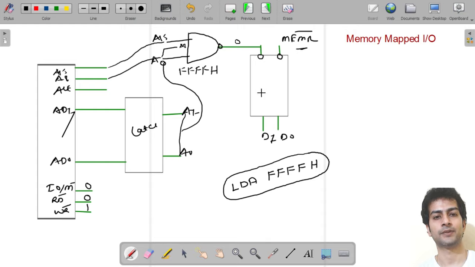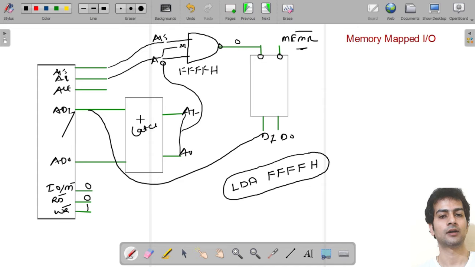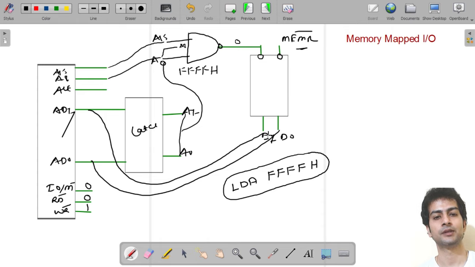Now the data present inside the input device will get copied and come back to the microprocessor. See what I am saying: I am performing the LDA operation. The meaning of LDA is that we load the accumulator with the data present at the 16-bit address.